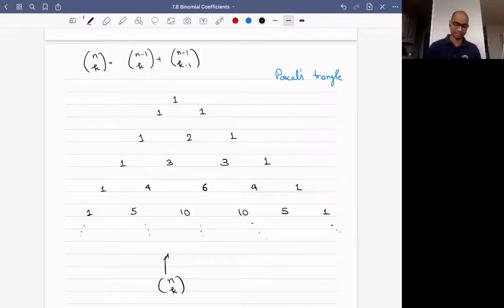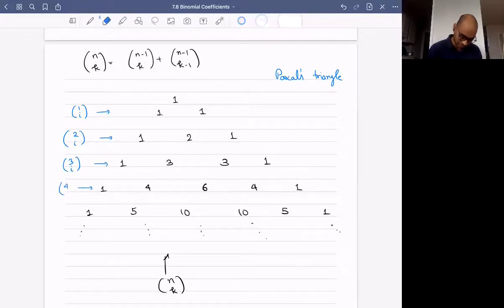And why is that the case? It's exactly because of this identity that n choose k is n minus 1 choose k plus n minus 1 choose k minus 1. So let's see why it's happening. Let me first write down that this row is 1 choose k, where k goes from 0 to 1. Then this row is 2 choose k, this row is 3 choose k, 4 choose k, and then this one is 5 choose k.